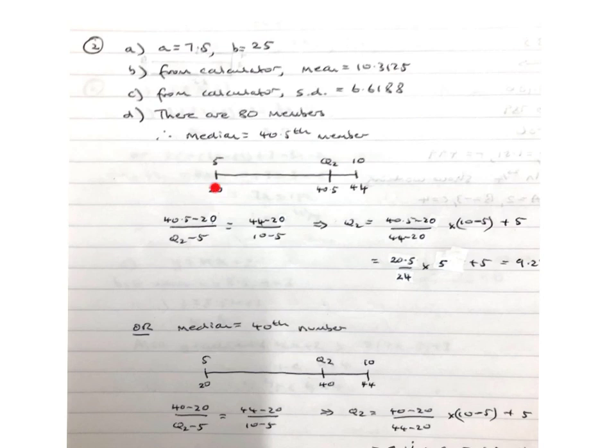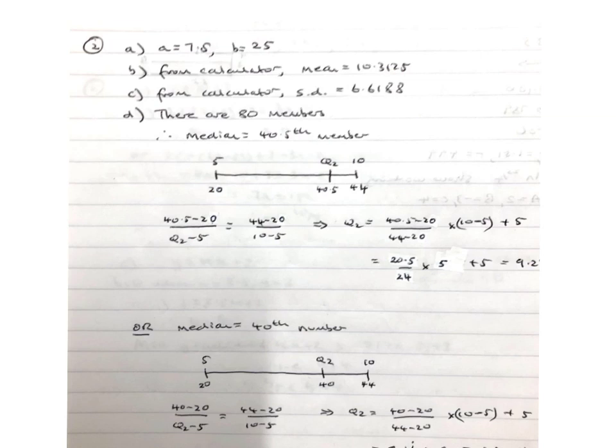And the frequencies go from 20 to 44, but we're on the 40.5th number. So that gap divided by that gap is this gap divided by that gap. So 40.5 minus 20 divided by Q2 minus 5 is 44 minus 20 divided by 10 minus 5.